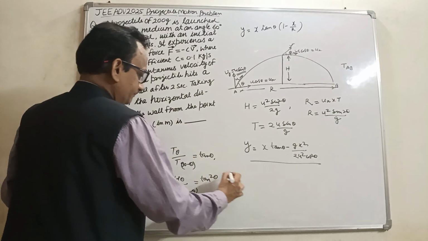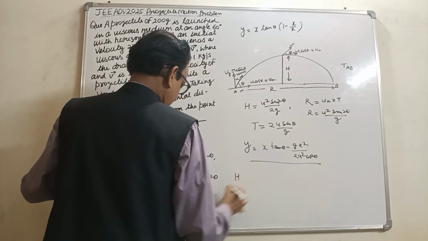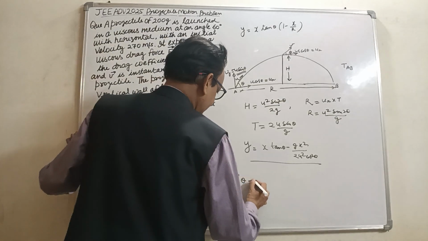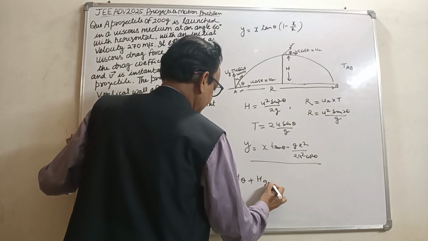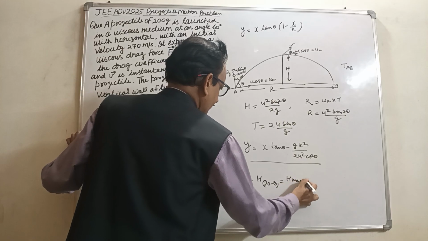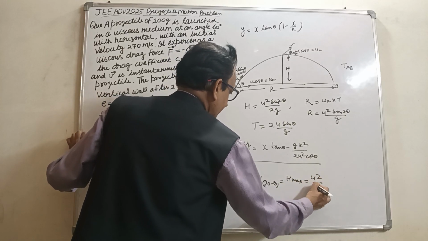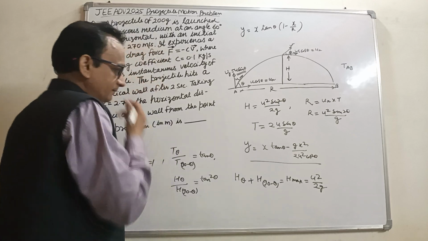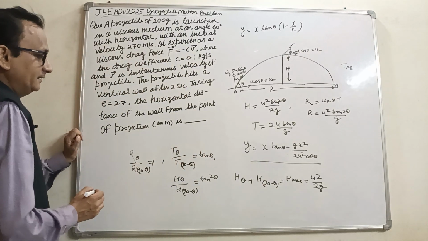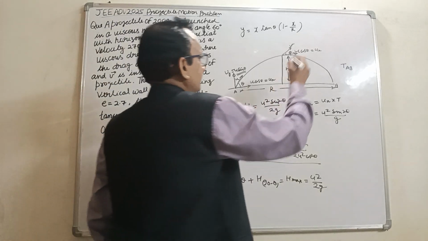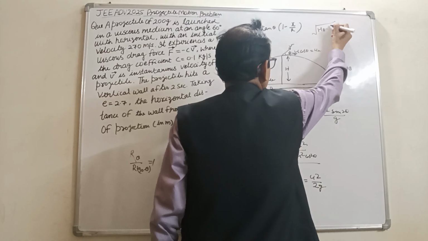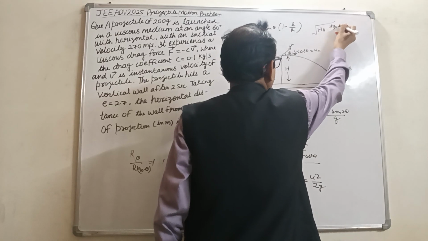So we write H theta into H 90 minus theta, and H theta plus H 90 minus theta would be H maximum. What is H maximum? H maximum is u square by 2g, the maximum height. And we write H theta into H 90 minus theta.